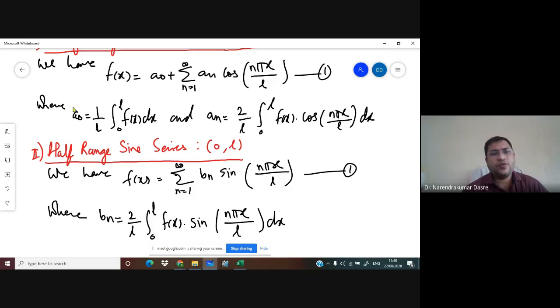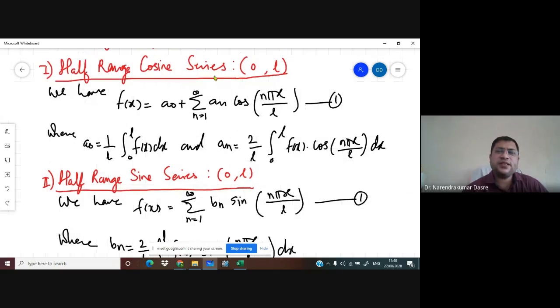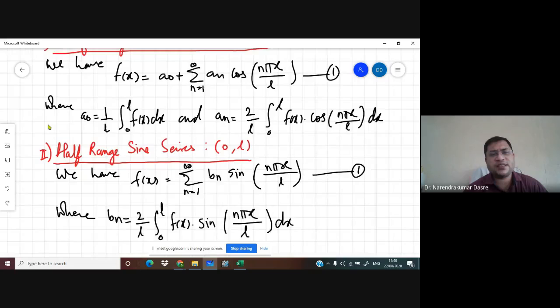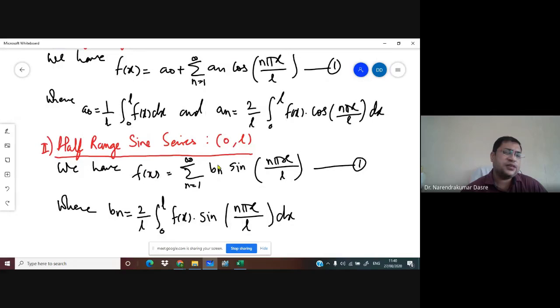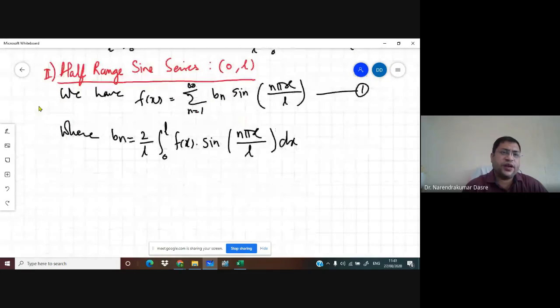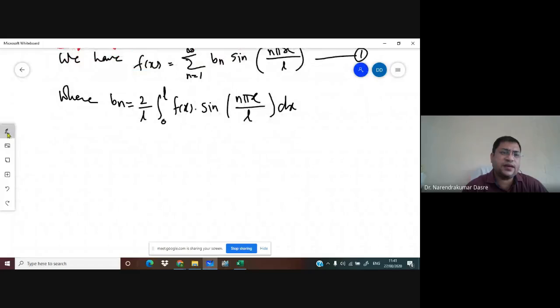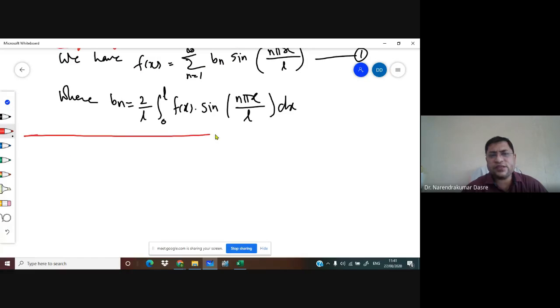Here we don't have to think about anything: if it says half range cosine series, then we find this; if it says half range sine series, then we find this. So let us see an example based on this half range Fourier series.